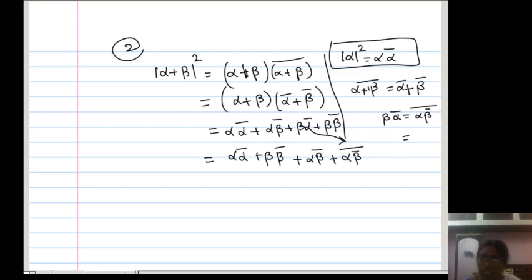Yes, because just now I discussed in the previous classes, the conjugate of Z1Z2 means Z̄1 into Z̄2. Here I have written ᾱ into β̄ whole bar. β̄ already has a bar, but you know, if you apply conjugate two times, you get itself. So ᾱβ can be written as the conjugate of αβ̄.